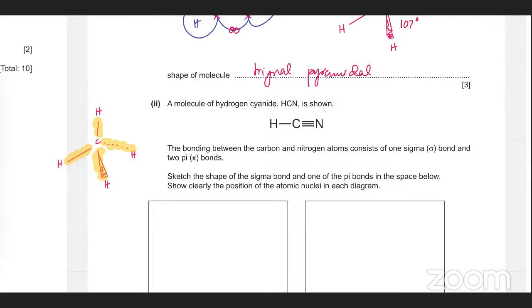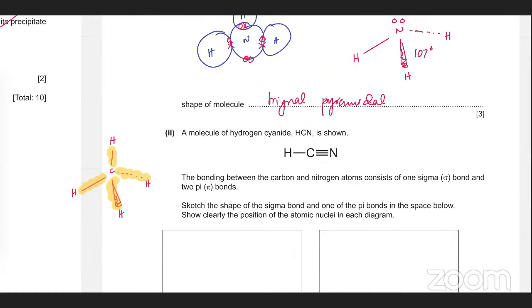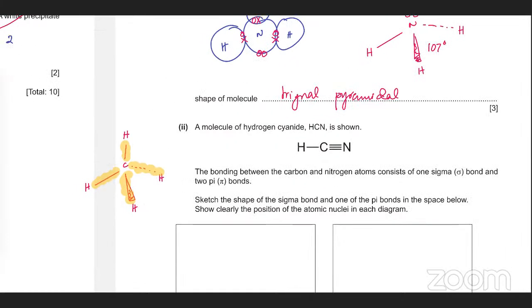What is sp3? sp3 is carbon originally had 4 electrons, but they were in different orbitals. Originally, the outer shell of carbon was 2s1, 2px1, 2py1, and 2pz1. That was the outer electronic configuration of a carbon atom. But now the electrons got stretched in different directions.